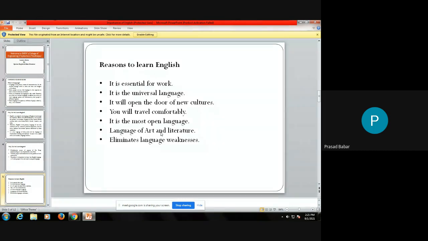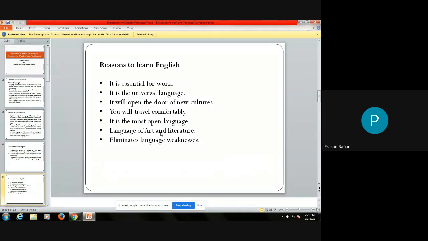Like, we can say the word jugad. Jugad, which we use as a Hindi word, is also added in the English language.